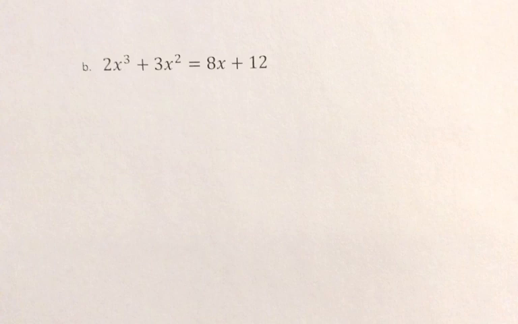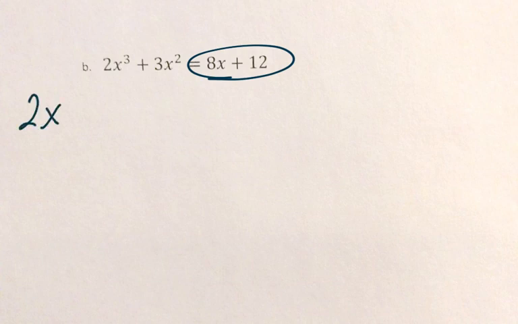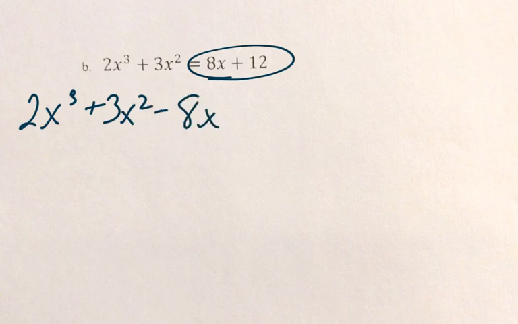On the next one, we have this polynomial, 2x to the third plus 3x squared equals 8x plus 12. We're going to move these two over to the other side. And we end up with 2x to the third plus 3x squared minus 8x minus 12 equals 0.